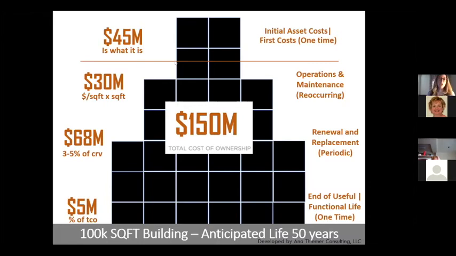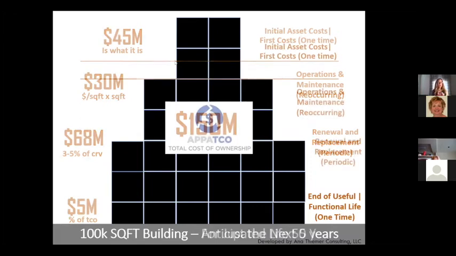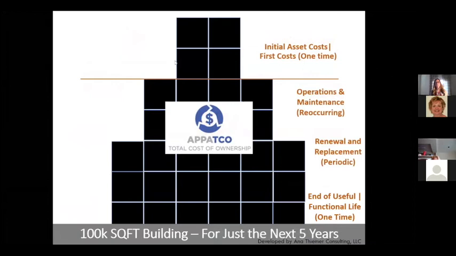So one other way that you can do this is say, okay, well, in a way to make this more real, because presidents typically have a shorter life than most. CFOs may be there 5, 10, 15, 20 years, who knows? But let's assume, just to make this applicable to people, let's say, okay, well, what is the cost that is needed just in the next 5 years for this building only, right?